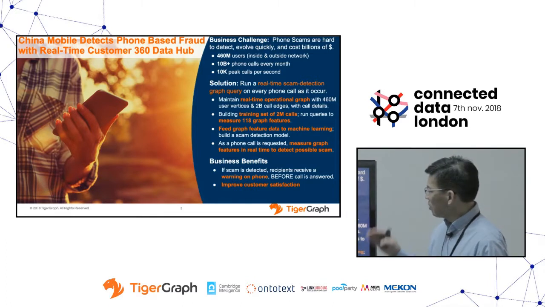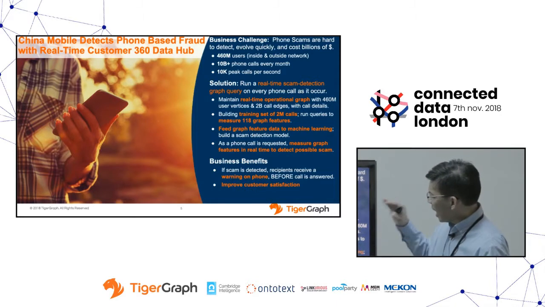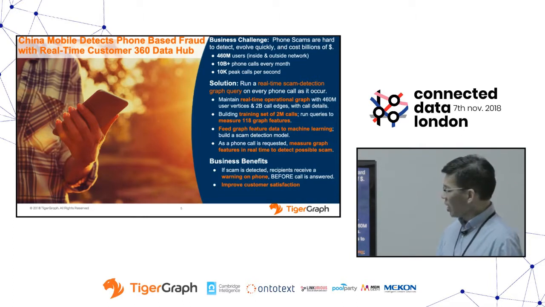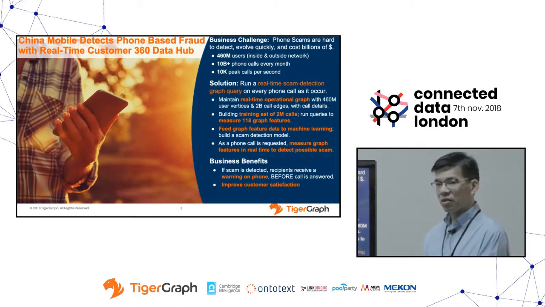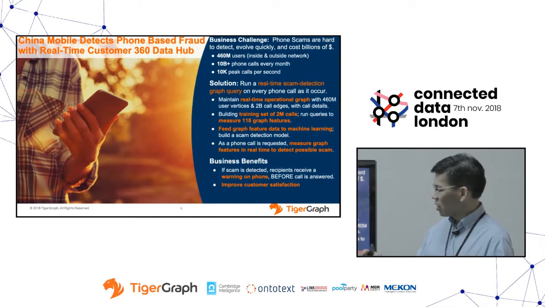This is an example of what we mean by real-time operational graph analytics. It's happening in real time as every phone call is being made, and it's operational. This is their fundamental activity. They execute phone calls. So the graph is the network of one person calling another.